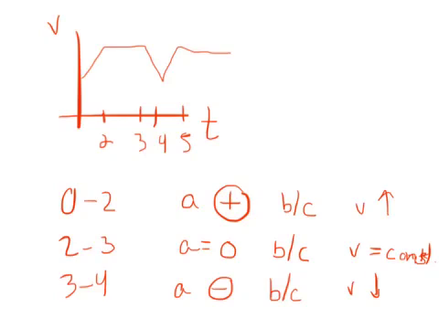If there's a positive velocity and then there's a negative velocity, the object must have changed direction at some point. When you see a change in the sign for velocity, there's a change in the direction of the motion.